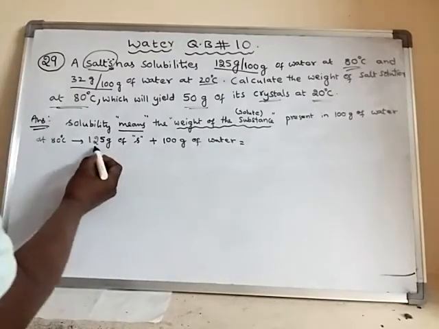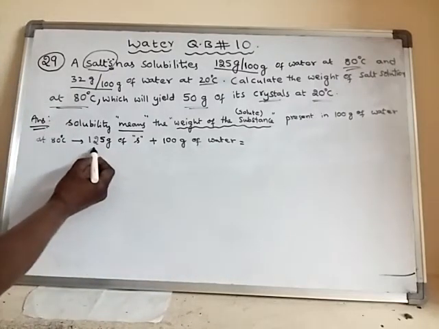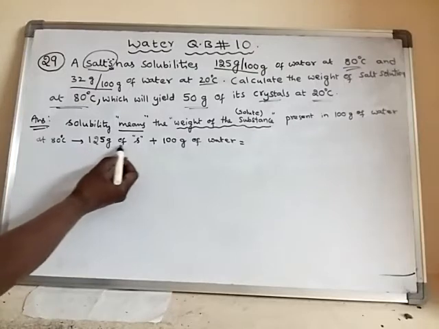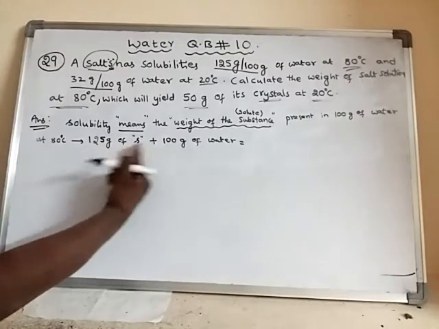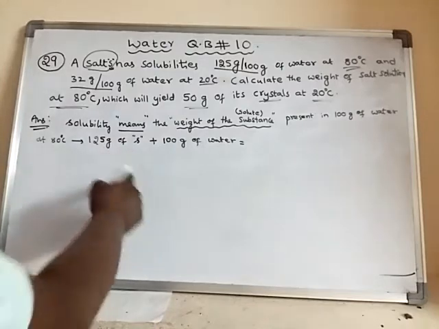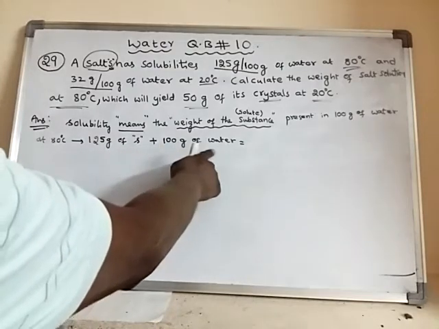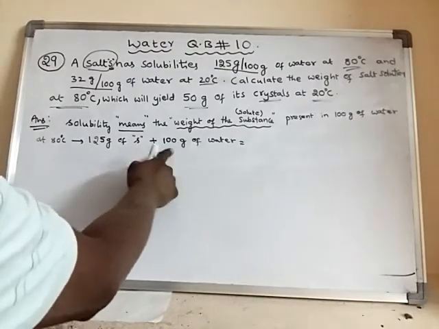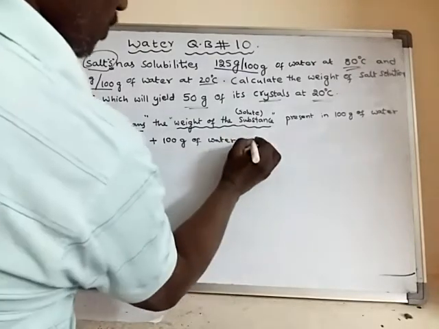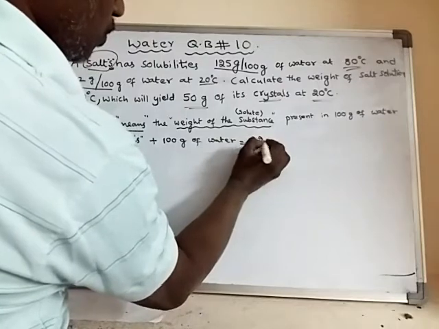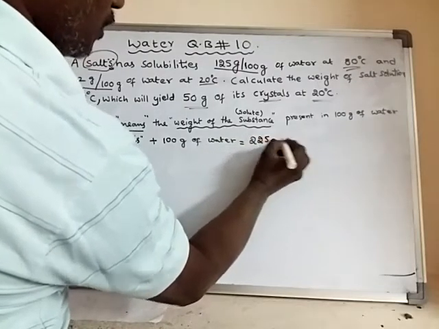So now the solution has salt and water. What is the total weight of the solution? The total weight of the substance plus the total weight of the water gives the total weight of the solution. It is 225 grams. What is this?